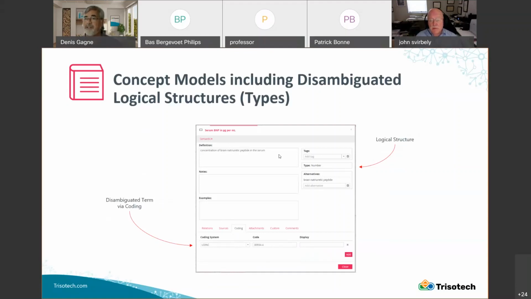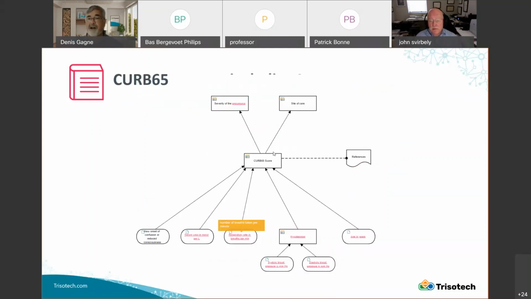Now, that concept is still logical. It's not physical to a specific system. It's still logical and allows us to map it to different concrete system environments. So then we can reuse these concepts right in the model.